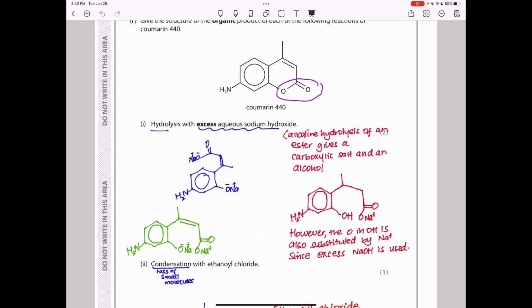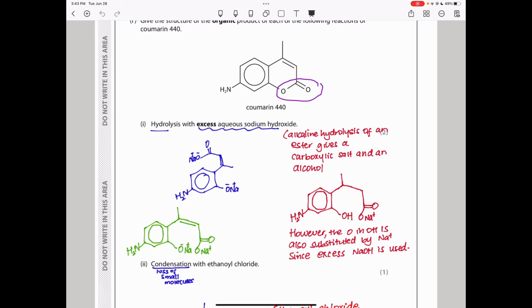And again, remember, esters can be hydrolyzed in acidic conditions or in alkaline conditions. When you hydrolyze an ester in acidic conditions, you produce a carboxylic acid as well as an alcohol. However, when you do hydrolysis in alkaline conditions, you produce a carboxylic salt and an alcohol. So in this case, we are going to produce a carboxylic salt and then an alcohol.